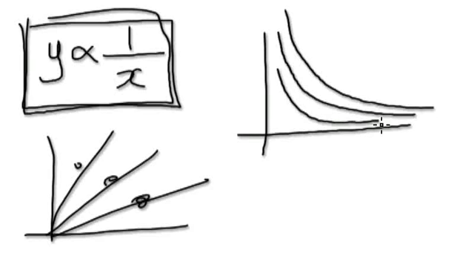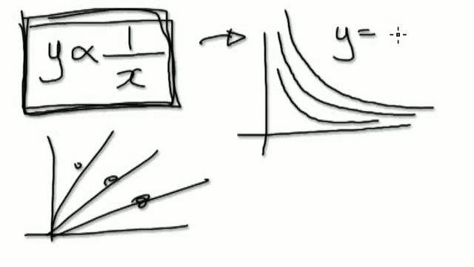Whenever you get given y is inversely proportional to x, you can jump to this in your mind: y equals k times 1 over x.